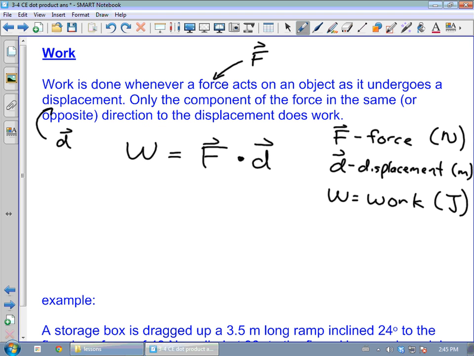So if we're given two algebraic vectors, we can just do the dot product. If we're given two geometric vectors, we can use our geometric form of the dot product, magnitude F, magnitude D, times the cosine of the angle between them.